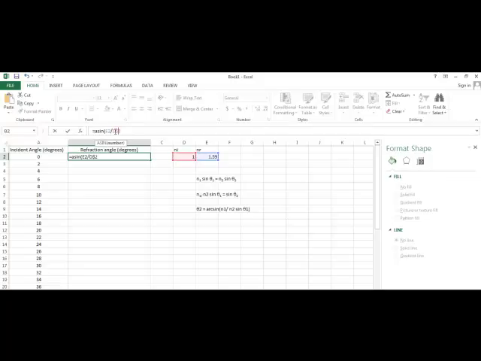Put our dollar signs in here so we don't iterate these. Times sine. Here's the trick. You have to do degrees of this angle. Close that out, and then we're going to fill this down in a second and see what happens to our angles.